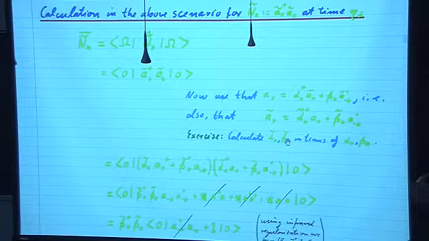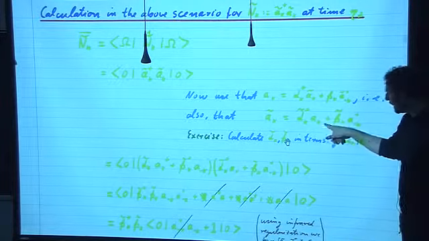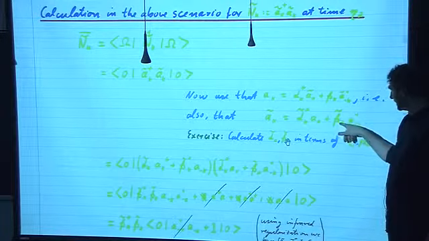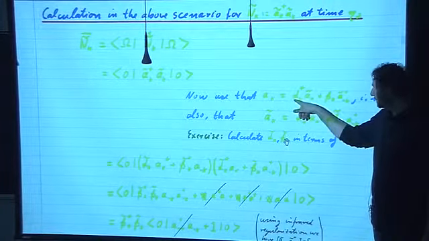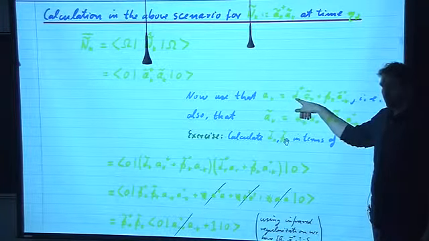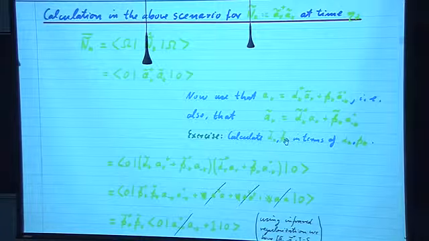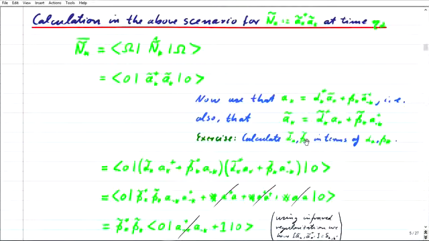And I'll leave it to you as an exercise to work out exactly how the inverse Bogoliubov coefficients alpha tilde and beta tilde are related to the forward Bogoliubov coefficients alpha and beta. So the alpha tilde and the beta tilde are simply some complicated ratios and products of these alphas and betas.